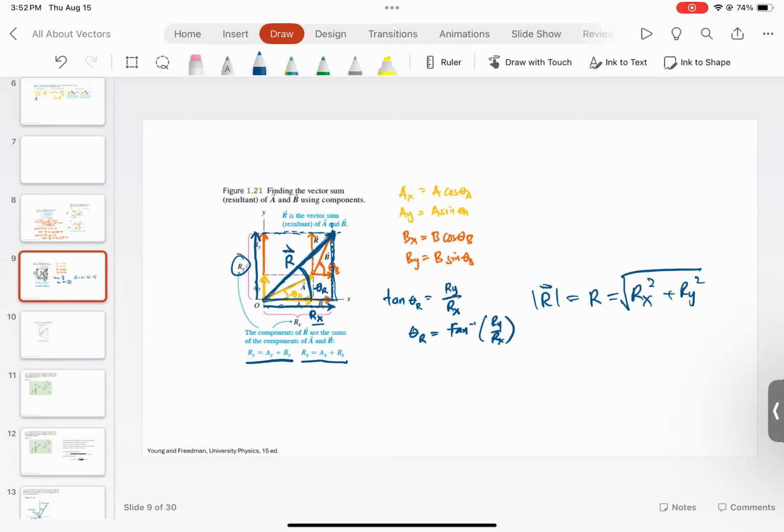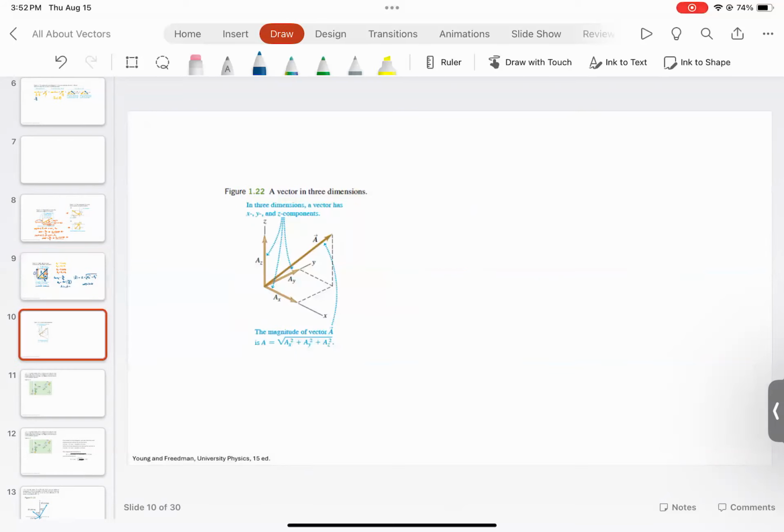If you take the square root of that, it will just give you the magnitude. So ito yung ating magnitude ng vector R at ito yung direction ng vector R.